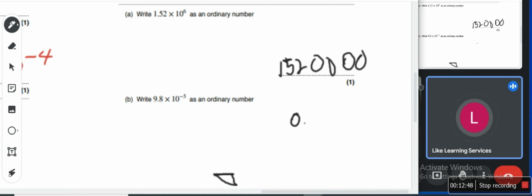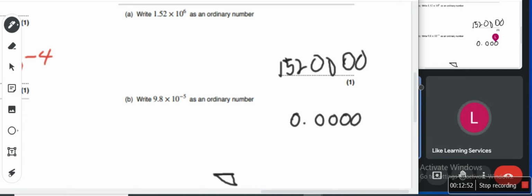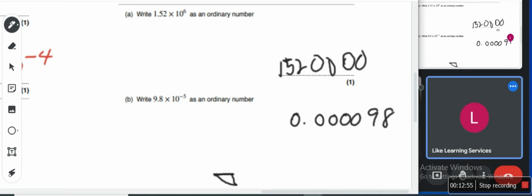Okay, 0.0. How many zeros? 4 zeros and 9 8. Correct. Because by the time you move it 1, 2, 3, 4, 5, you actually get 10 to the minus 5.